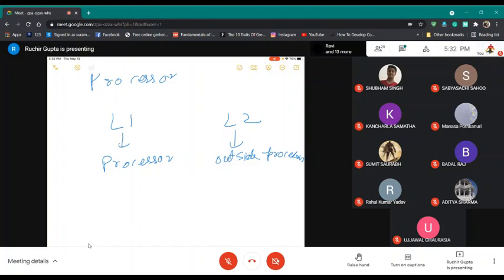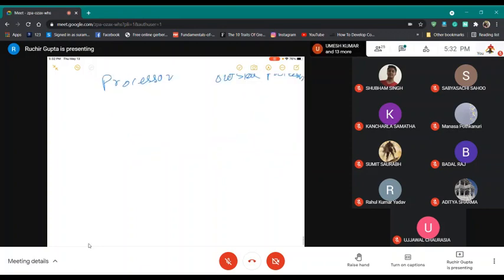So first of all, the processor looks at the L1 cache, and then it looks at the L2 cache. And if it is not available at both locations, it goes for main memory.